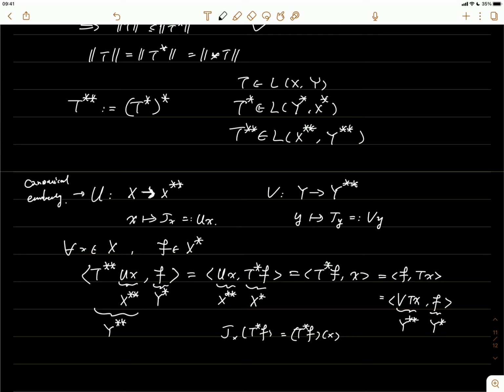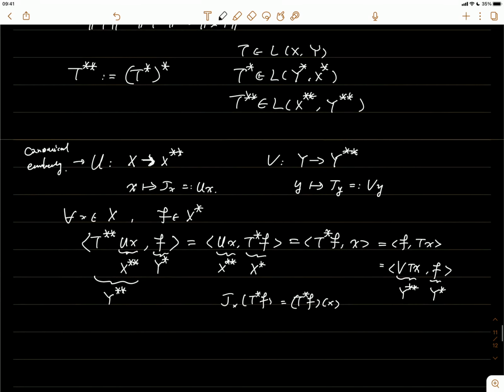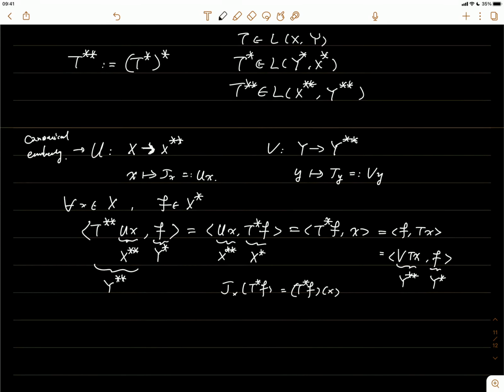So now we have shown that for any x in the space X and any f in Y star, this is equal to that, which just means these two are the same. Because f is arbitrary, T double star of U_x is just V of Tx.